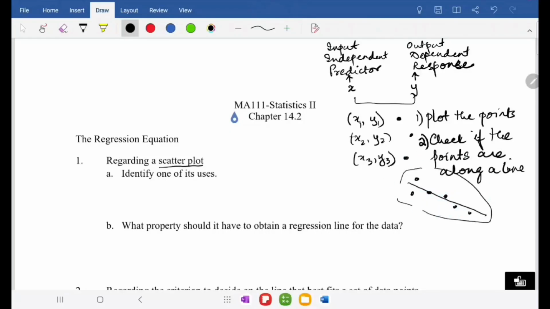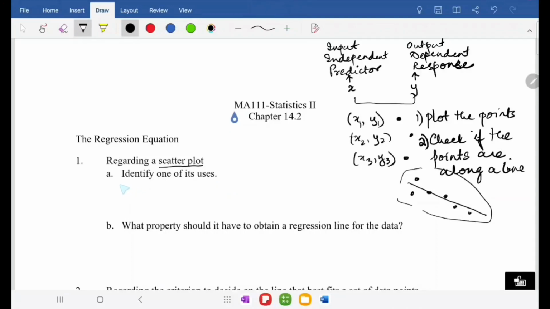So if it meets that kind of criterion, that means if the plots appear along a line, then we can conclude that yes, we can perhaps come up with a linear regression equation. So the purpose of the scatter plot is to visualize.